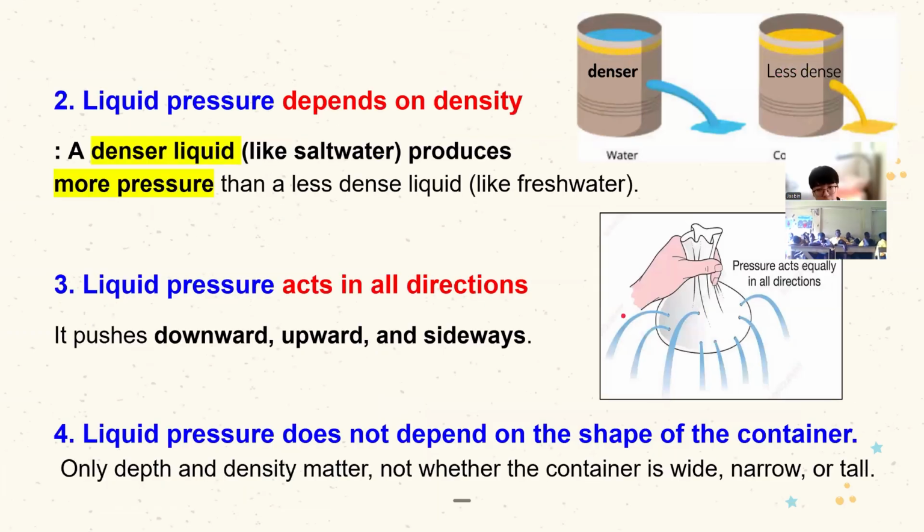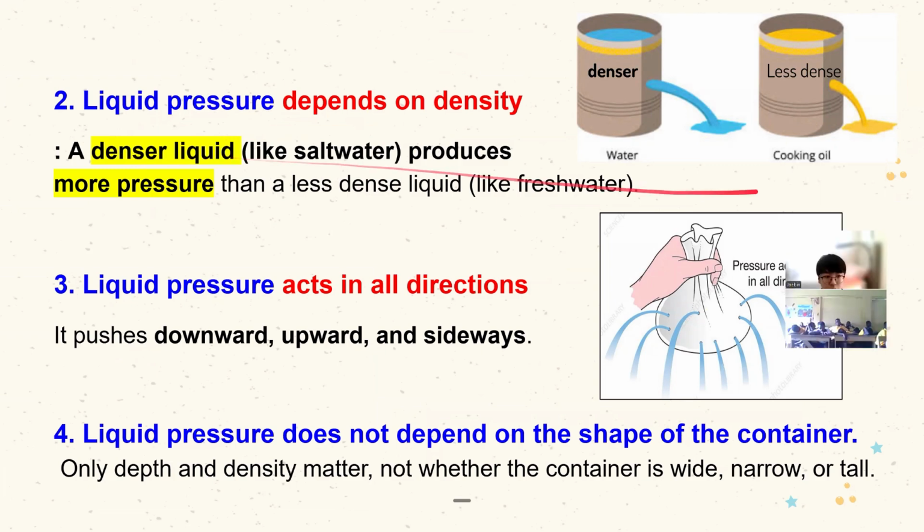Okay. And the next property is that liquid pressure depends on density. So a denser liquid produces more pressure than a less dense liquid. So more dense means more pressure. More depth means more pressure as well. And the third property is that liquid pressure acts in all directions.